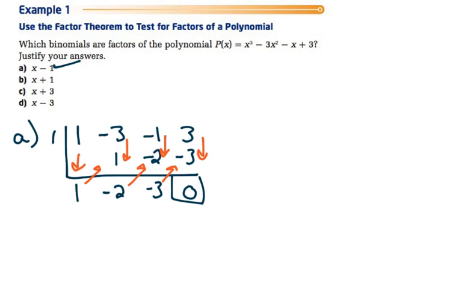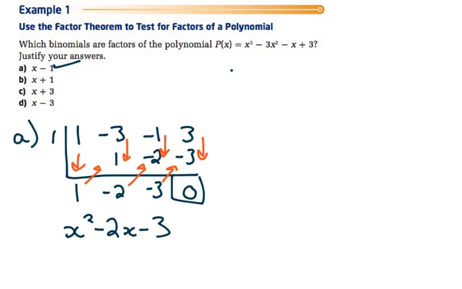Now we could go through again and do the synthetic division 3 more times, but we can actually be a little bit more efficient about it than that. What we know is that this synthetic division becomes x squared minus 2x minus 3.